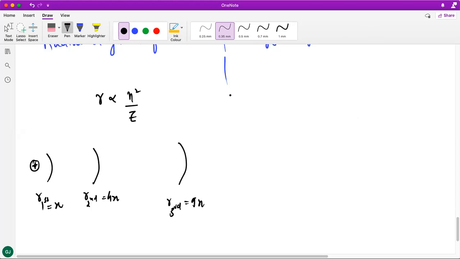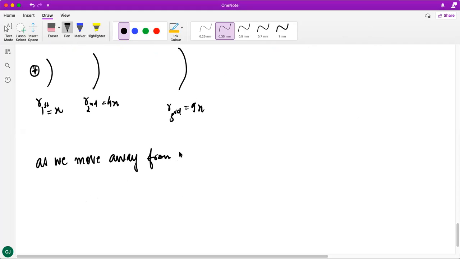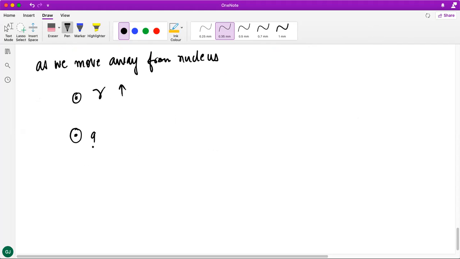Correct? So what you can conclude from here is, as we move away from the nucleus, what about the radius of the orbit? Radius of the orbit increases. There's no surprise in that. But the noticeable thing is, यहाँ पर notice करना gap. Which gap are we talking about?